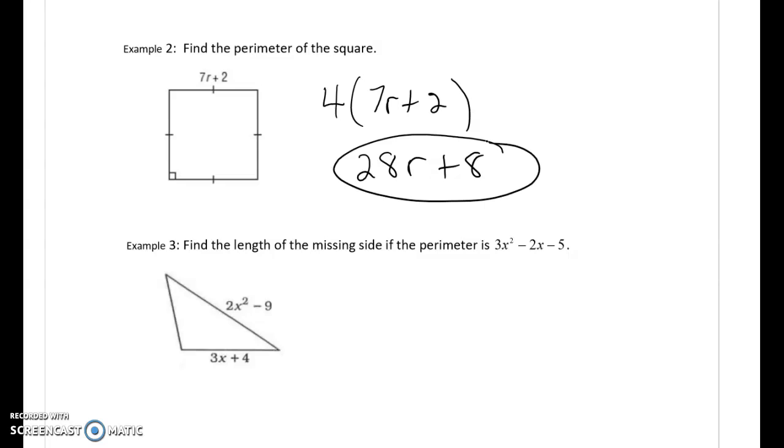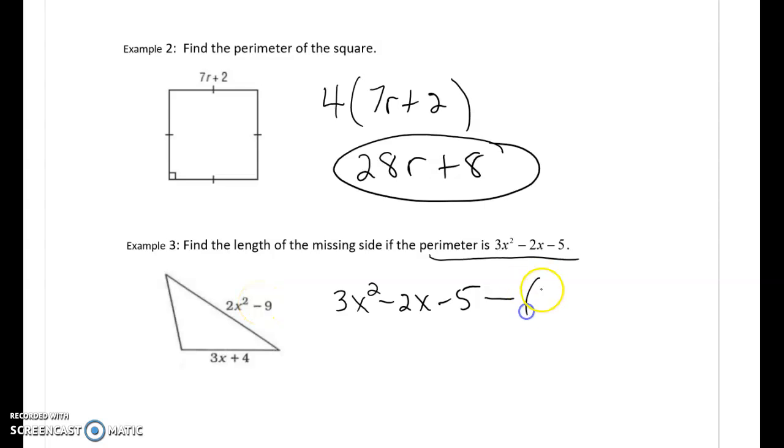Example number 3, we're given the perimeter of that triangle as this expression, and we want to try to find this missing side. We know that the perimeter is all of these three sides added up together. Therefore, to find the length of the missing side, we start with that large value, which represents the perimeter, and then subtract the other two sides.